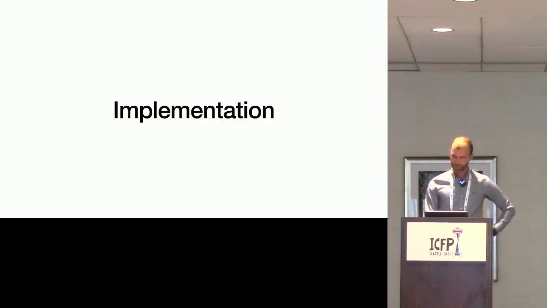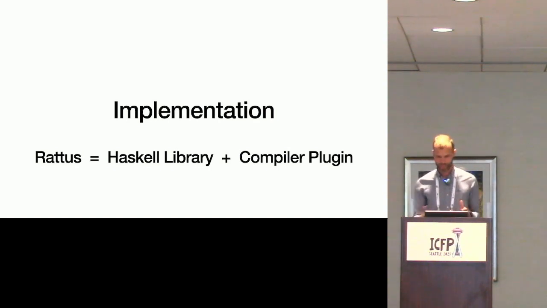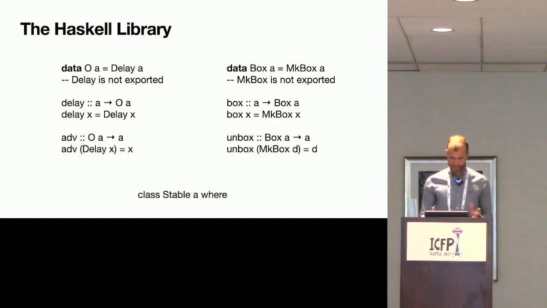All right. So how is this actually implemented, you might wonder. Well, as I said, the implementation consists of two parts, right? It's a Haskell library plus a compiler plugin to get the right language out. And the Haskell library itself is really simple, because all it needs to do is define the syntax of the language, right?